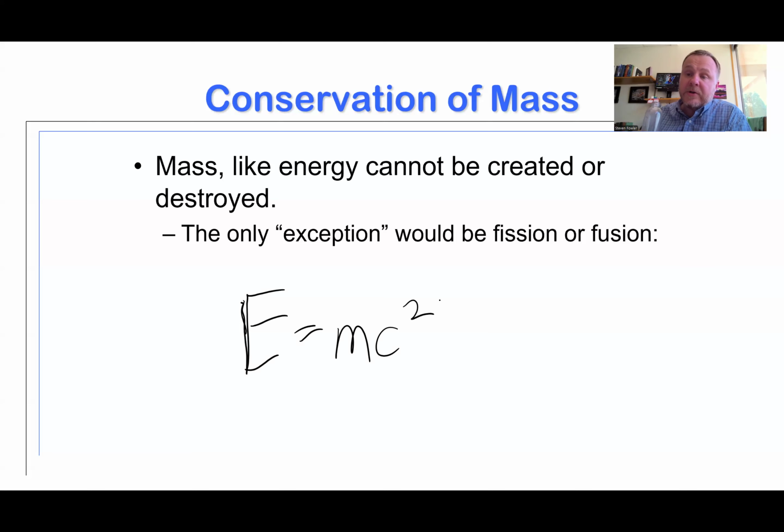So if I have a large uranium atom, for example, or plutonium atom, and I launch something into it to blow it up, now I've got two smaller atoms. Part of the mass does not survive that process and gets released as energy.